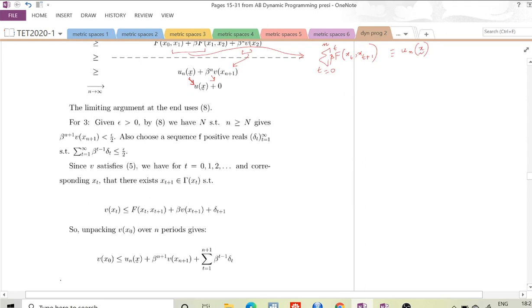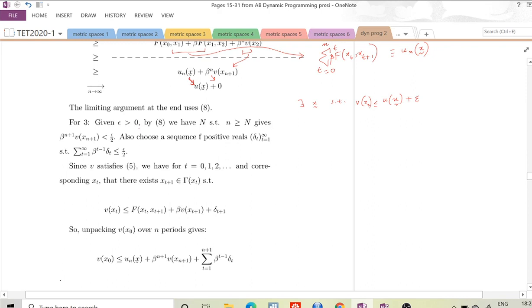So given epsilon greater than 0, we need to show that there exists x tilde such that u of x tilde is very close to V of x naught, so that when you add epsilon to it, that's greater than or equal to V of x naught.